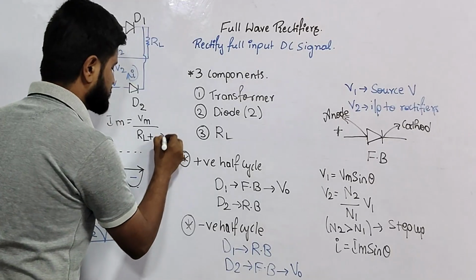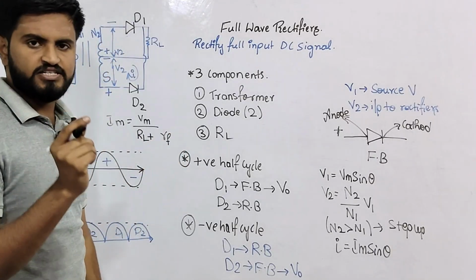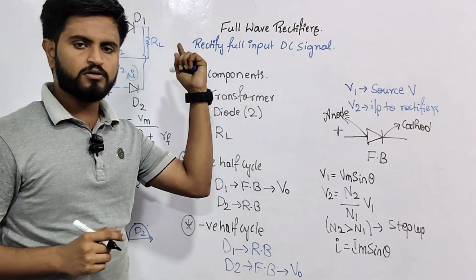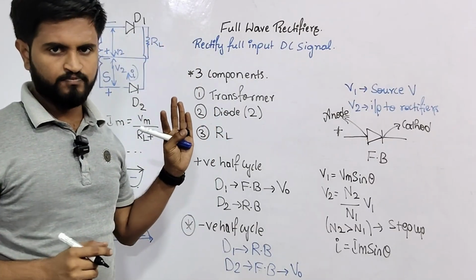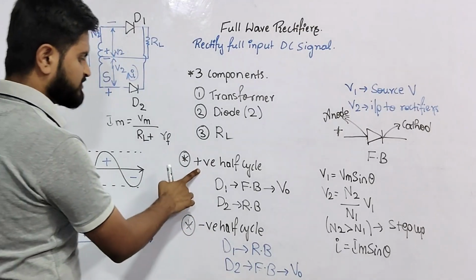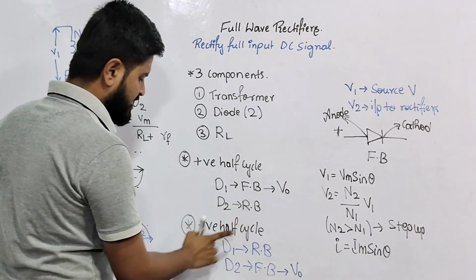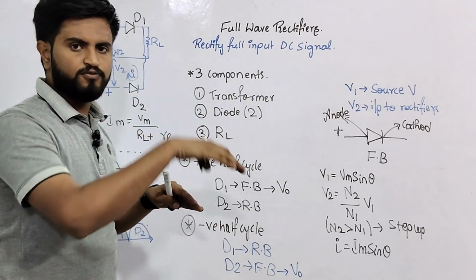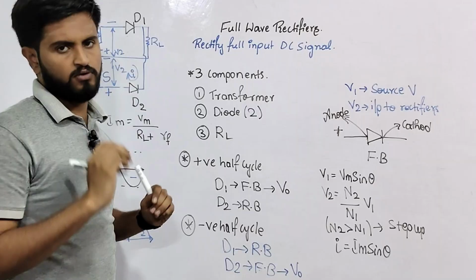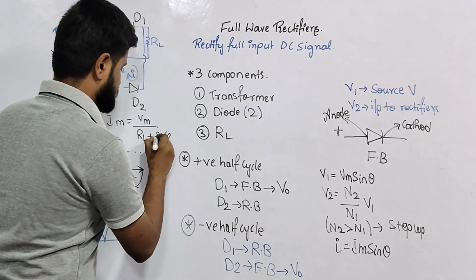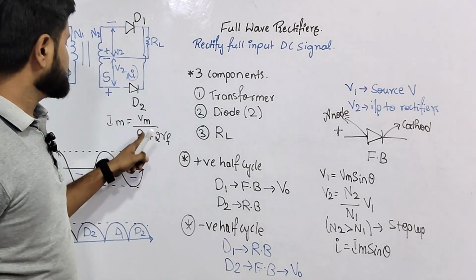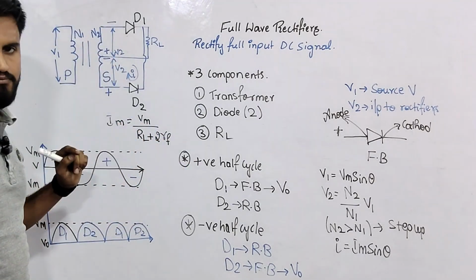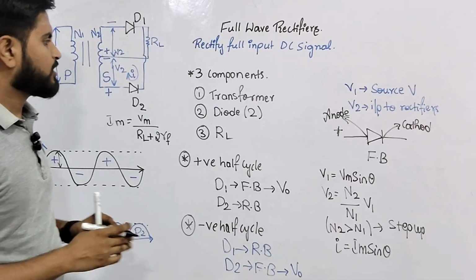So let me call it RF. RF is the very small resistance offered by the diode when it is forward biased. In the positive half cycle D1 is forward biased, in the negative half cycle D2 is forward biased. So in one complete cycle, two diodes were forward biased, so we must multiply it by 2. Vm divided by RL plus 2 RF will be the value for the maximum current. So this completes the formulas.